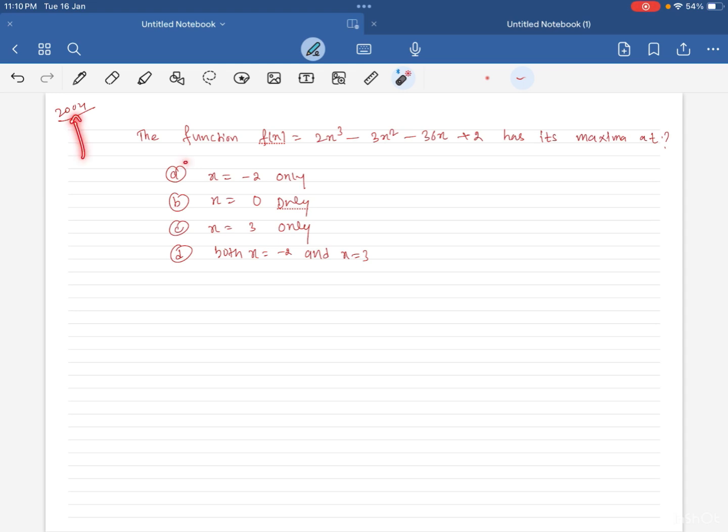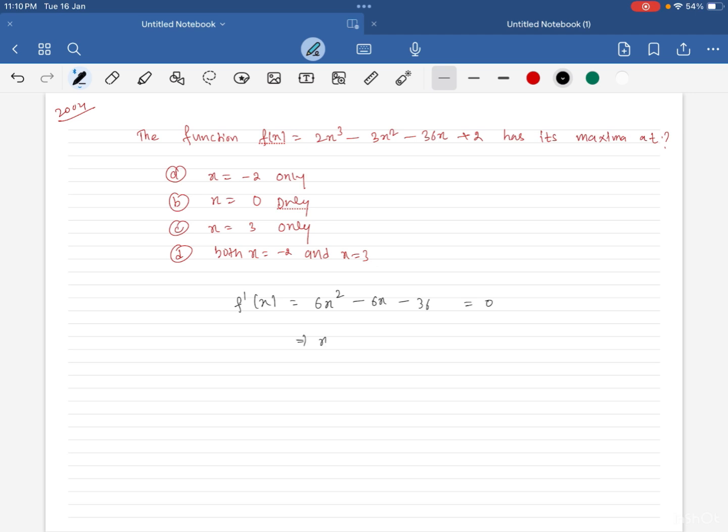So this question is from 2004. We have been given this function, 2x cube minus 3x square minus 36x plus 2, which has its maxima at which point? So as usual we can find the first derivative of the function, that will be 6x square minus 6x minus 36, and we can equate it to 0.